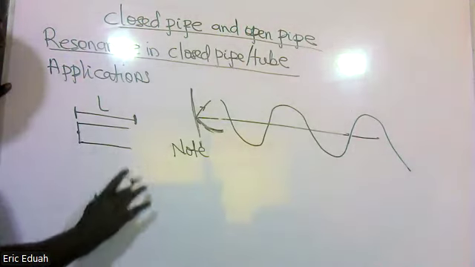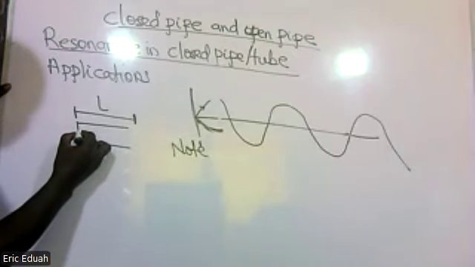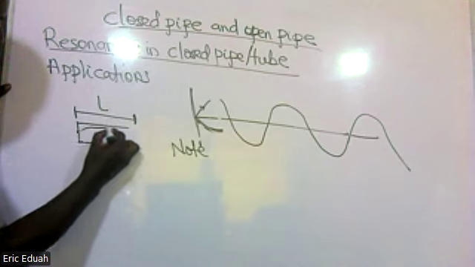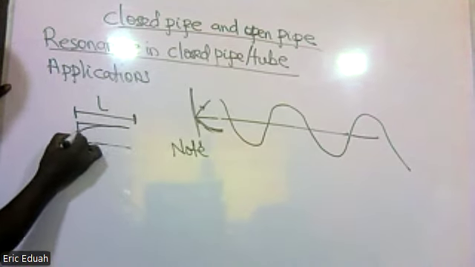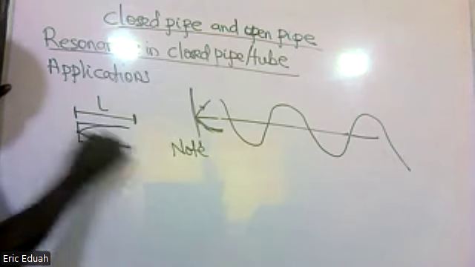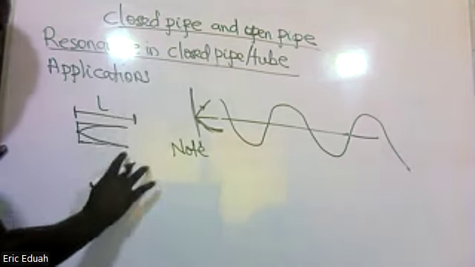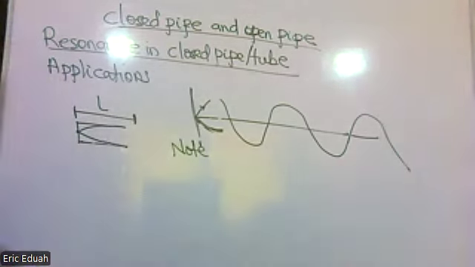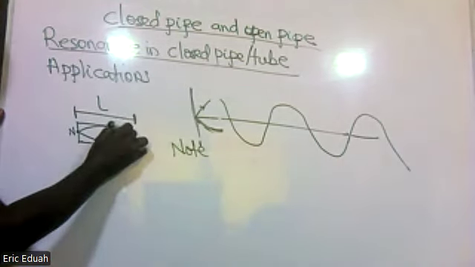So if you have a tube of length this, the first loop that will be formed will look like this, if the wave exactly fits the length of the tube. So a node here, an antinode here.